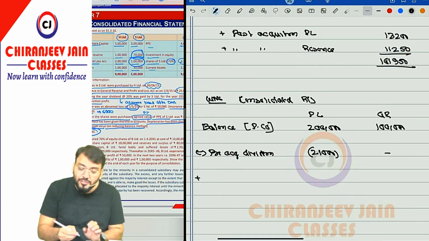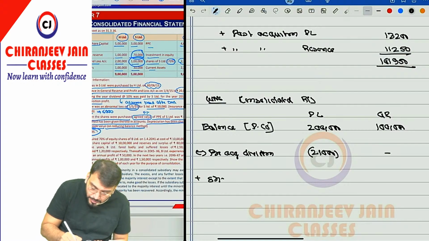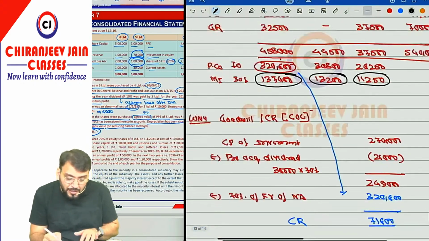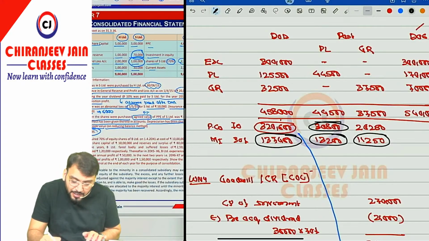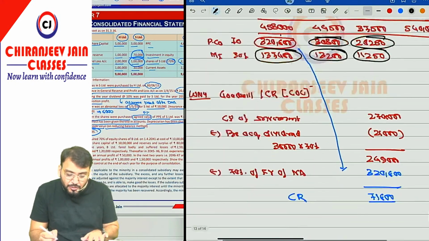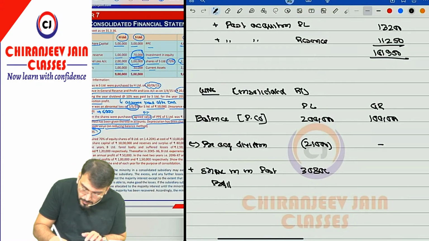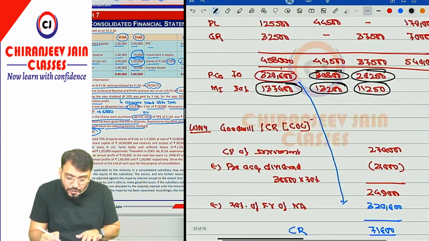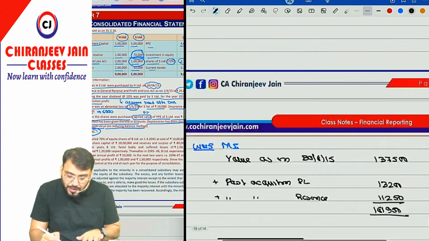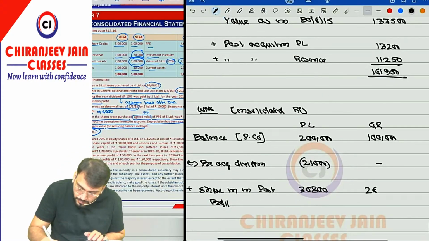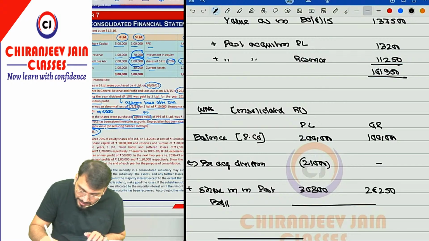Then you will add the share in post-acquisition profit. How much will be added to PL? Tell me. It is 30,800 for PL and 26,250 for general reserve. So add 30,800, and in general reserve add 26,250. This becomes the final answer.